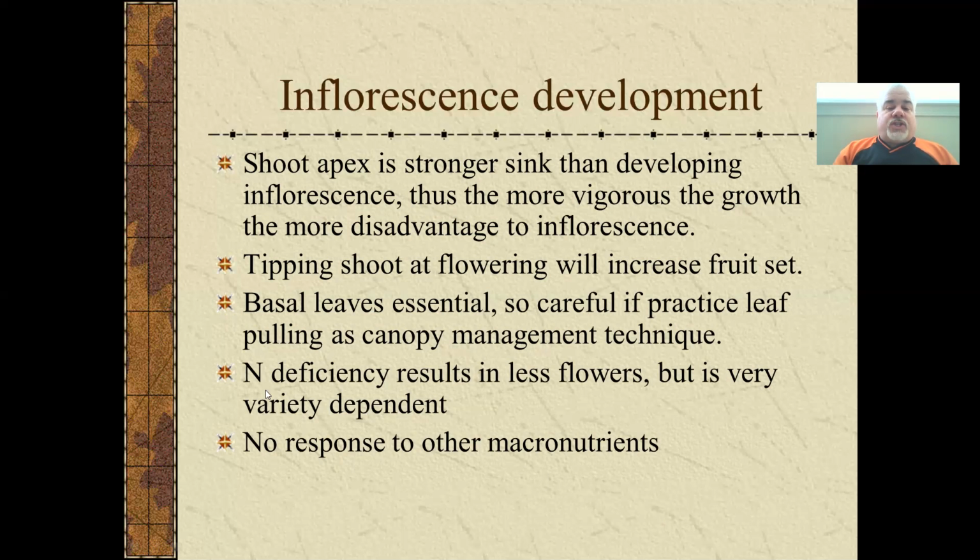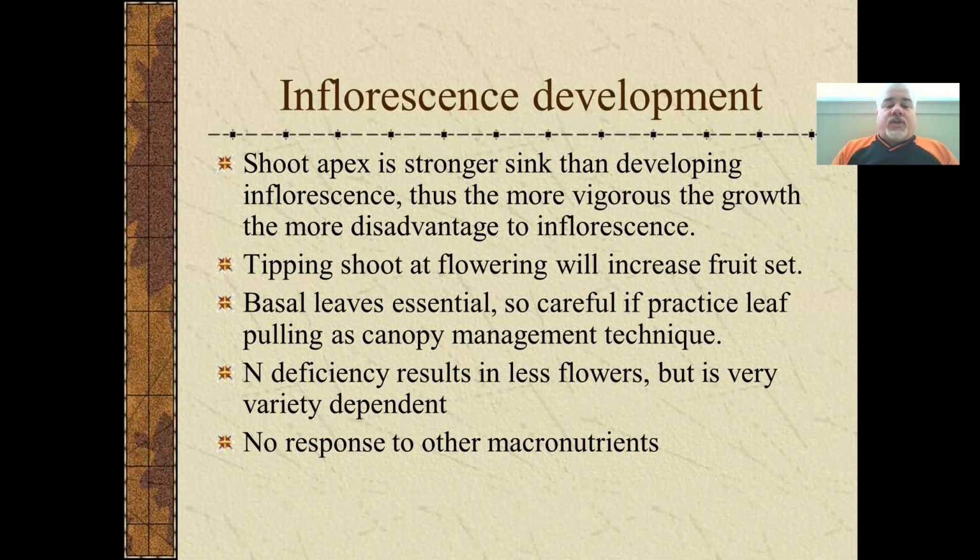Certainly nitrogen deficiency will cause a problem in flower development, but that is very variety dependent. I also mentioned just a moment ago, it's not on the slide here, but nitrogen excess causes a problem too, because a nitrogen excess creates an artificially high vigor in the development of the vines. The vines start pumping out more leaves instead of fruits.